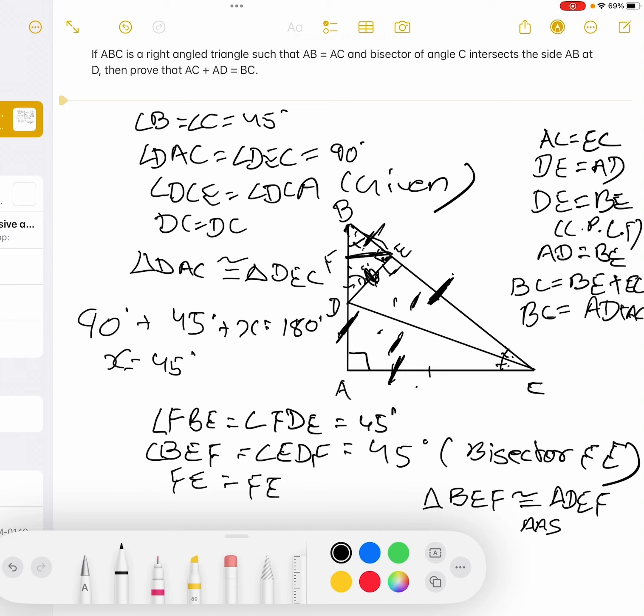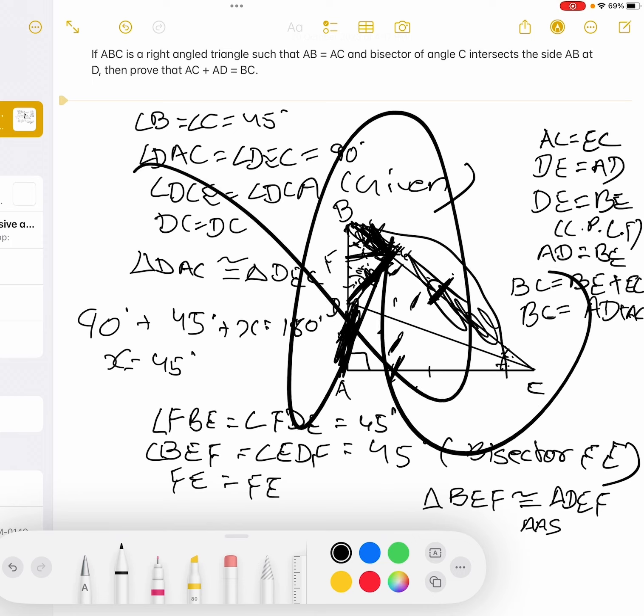This perpendicular we dropped, right? This was 90-degree, so this is also 90-degree. You can say linear pair, right? And then when it's divided into 45-degree and 45-degree, there's a common side. So these two triangles are congruent by AAS. When this happens, DE is equal to BE by CPCT, and as DE was equal to AD, AD is now equal to BE. When that happens, BE plus EC is equal to BC. So AD plus AC is giving us BC, right?